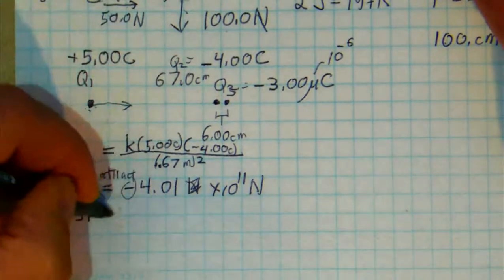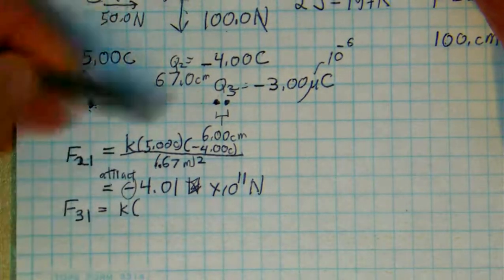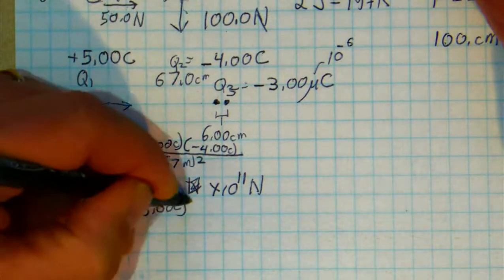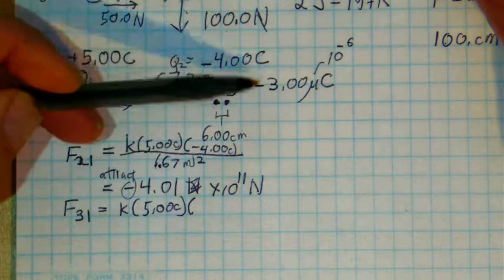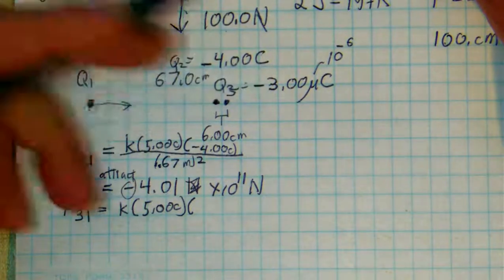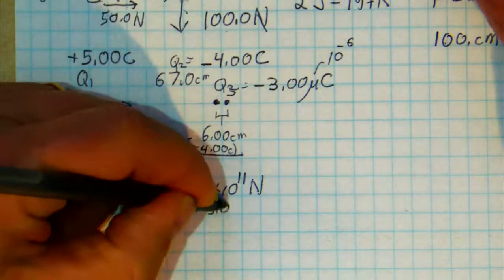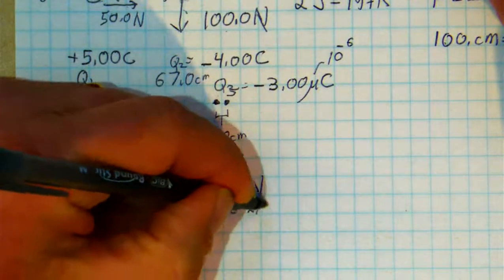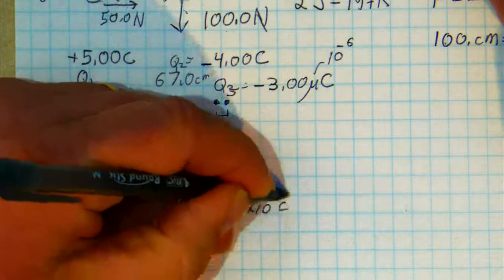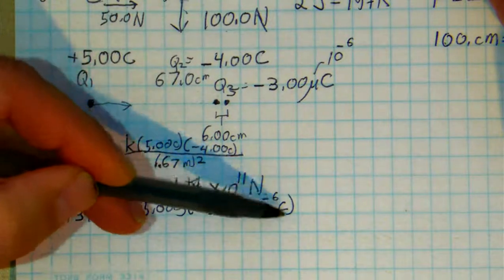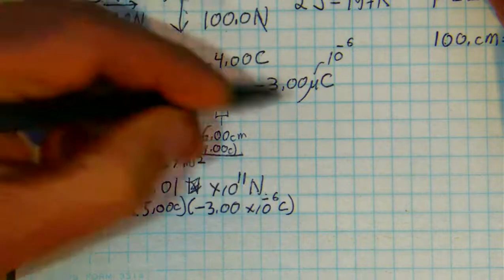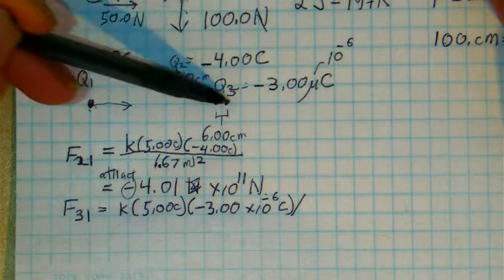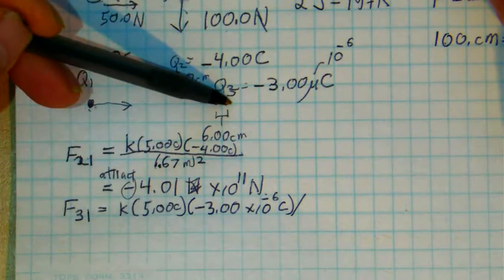Into Coulomb's law, I would plug in K times charge Q1, which is 5 coulombs, times charge Q3, which is negative 3.00 times 10 to the negative 6th power coulombs, because that's what micro means, and divide that by the distance from Q1 to Q3 squared.